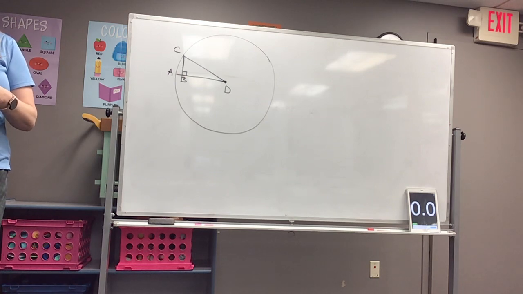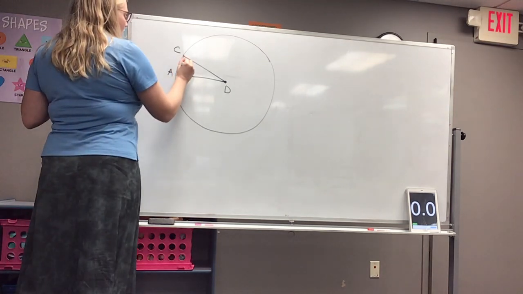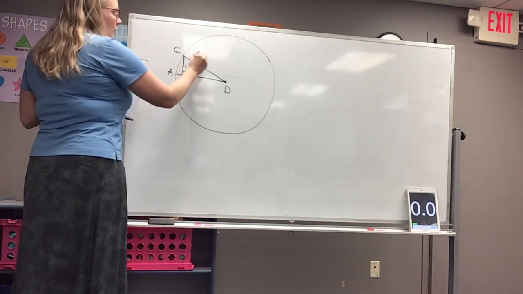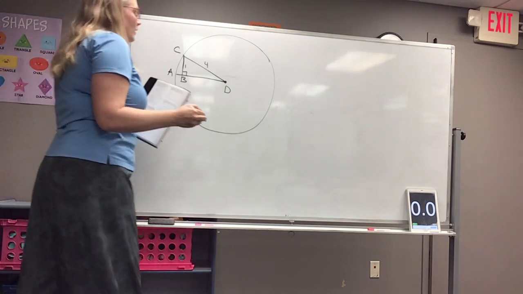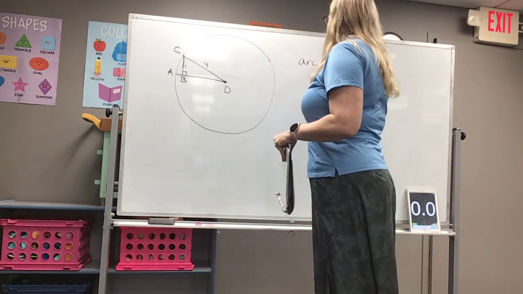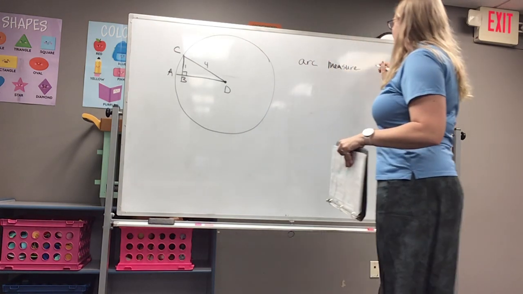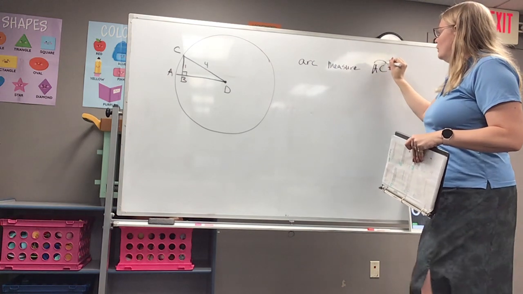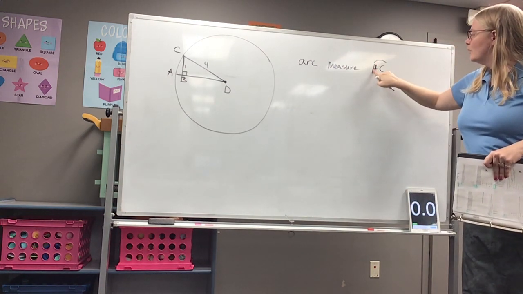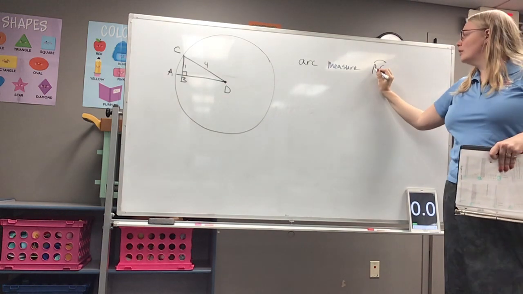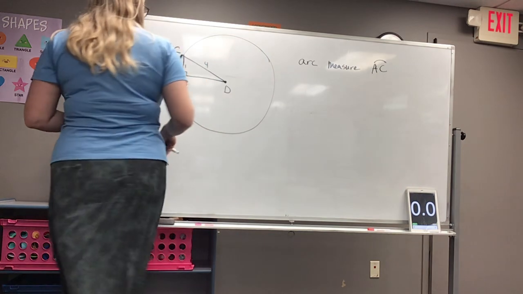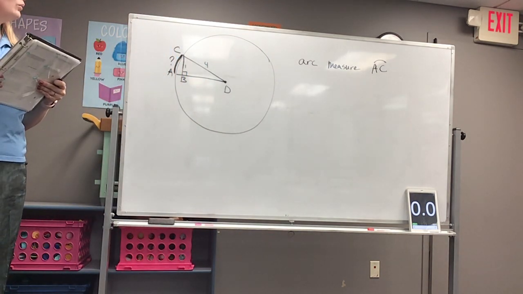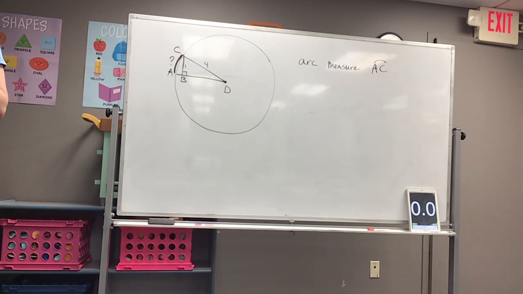The information that they've given us is that this is the distance 1, and this is the distance 4, or the radius of 4, and they asked us to find the arc measure, or the arc length, from A to C. They are writing it as an expression of trigonometry, so they're not truly asking you to solve it, but they are asking you to find it.